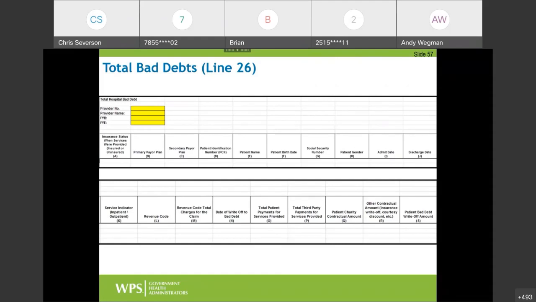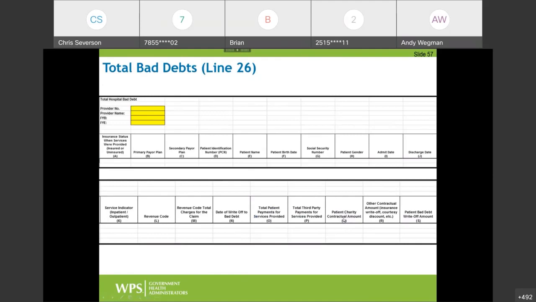So basically we had all these offsets to the charity care charges. We have the revenue code total charges, and we're offsetting them with the payments, the third-party payments, charity care, contractual amount. That's the thing I want to point out here: this is basically any charity care that's ever been written off for this particular claim, regardless of the year.